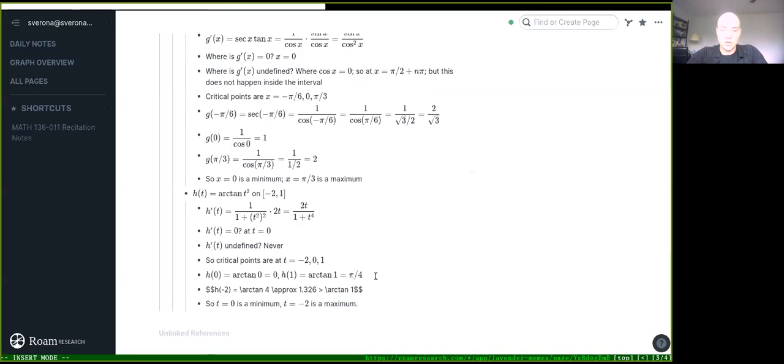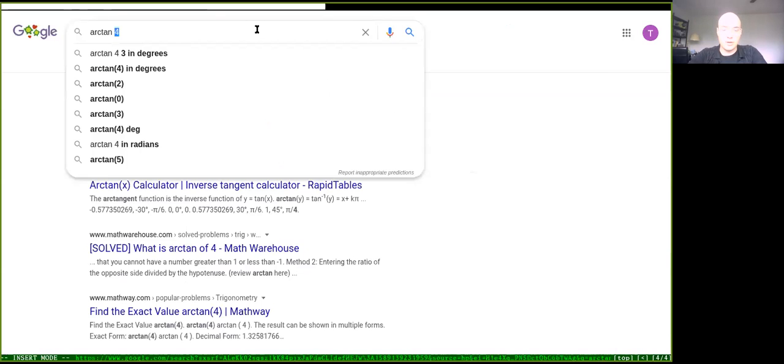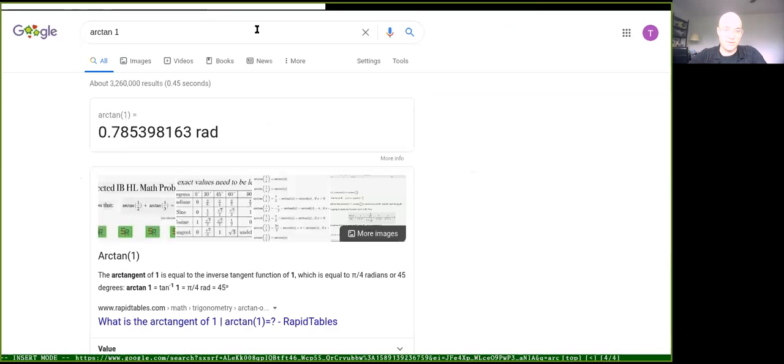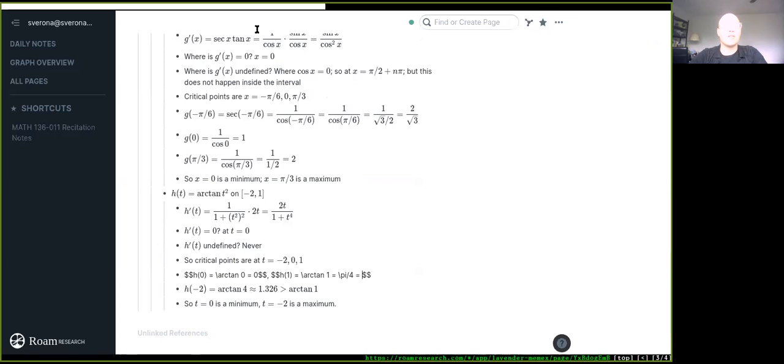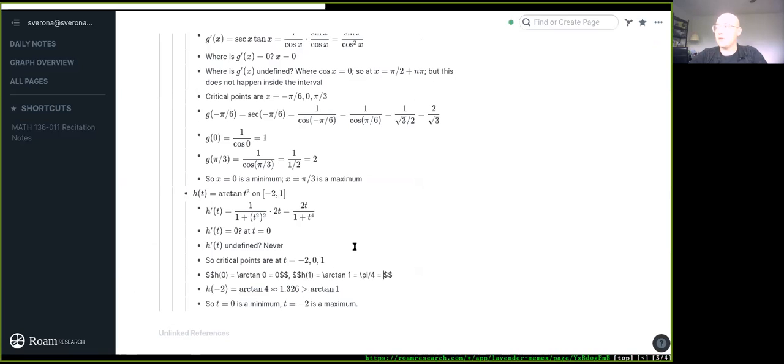And arctangent of 1 is pi over 4, which I could tell you is about 0.73, but I'll let Google do it. 0.78, I was off by 1/20th. Oh yeah, that makes sense. I'm a dumb. Okay, so 0.78. And so there you go.